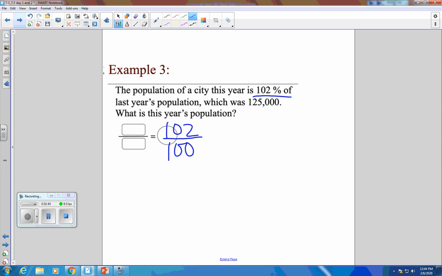Then I see that last year's population was 125,000. I'm going to put last year's population as my whole and figure out then what part of that is this year's population. So I take 125,000 times 102, and I get a really big number.